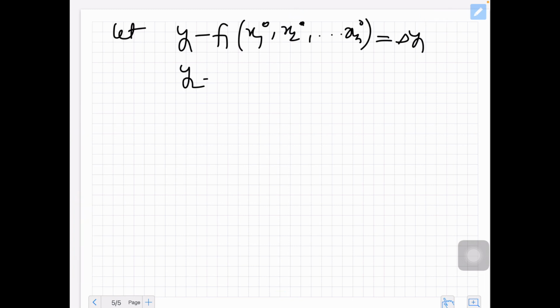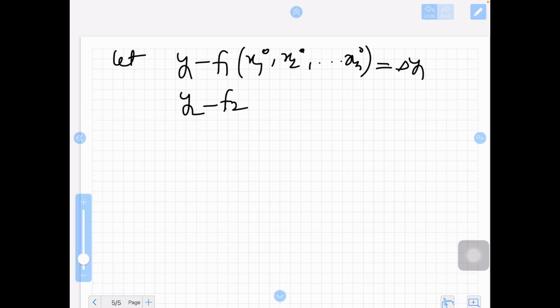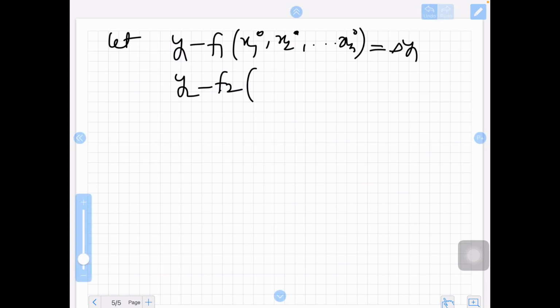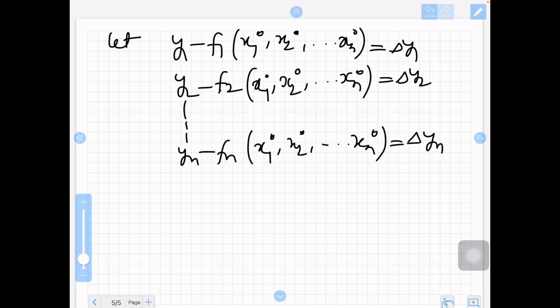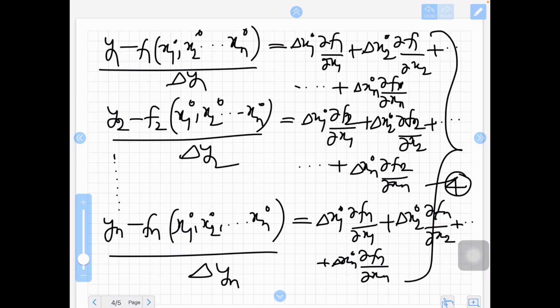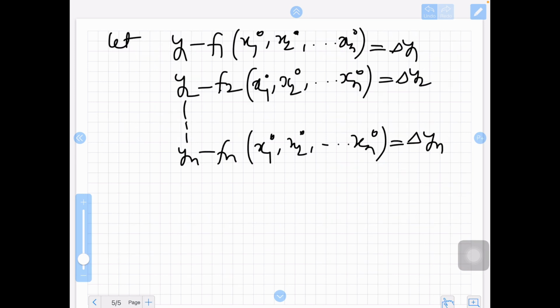Similarly y2 minus f2 of x1 naught, x2 naught, etc., xn naught, equals delta y2. Similarly yn minus fn of x1 naught, x2 naught, xn naught, is equal to delta yn. This is nothing but the LHS terms in equation 4. So equation 4 we can modify as equation 5.